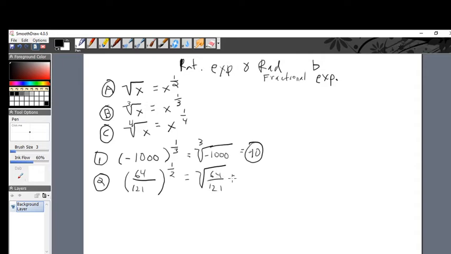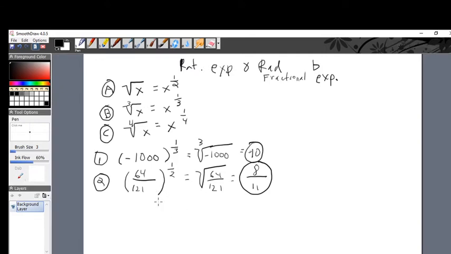We had a similar problem in the previous video. The square root of 64 is 8. The square root of 121 is 11. And there's the final answer. So that pretty much shows you how fractional exponents and square roots are totally related to each other.